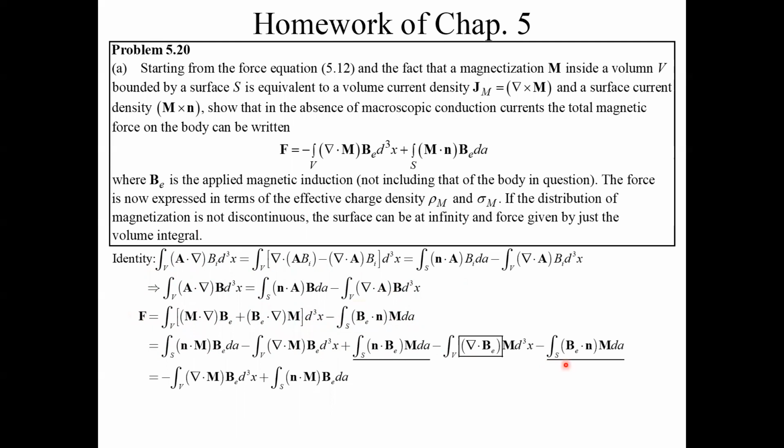Going to the next step, it will be like this, and this one and this one will cancel each other, and this one will go to 0 because here we have the divergence of the B field, which goes to 0. So finally, we will get the relation here.